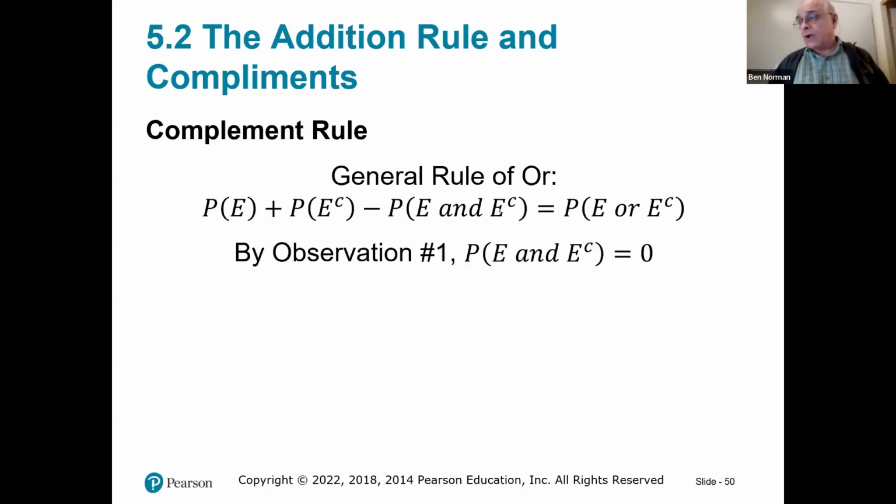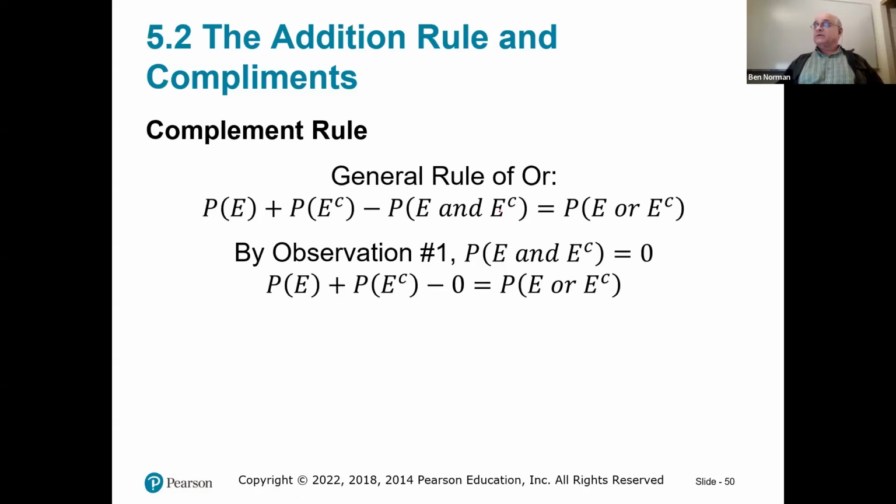But by observation 1, since E and EC are mutually exclusive, the probability of E and EC is equal to 0. That brings us to this. This P of E and EC becomes 0, so it disappears.